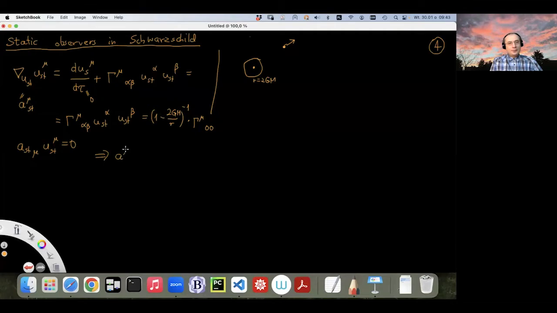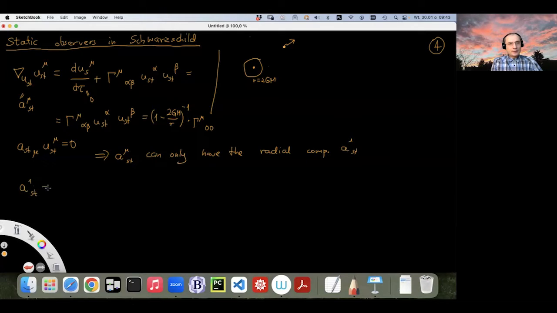So a_static^μ can only have the radial component, a^1_static in the direction of r. So let's calculate that.